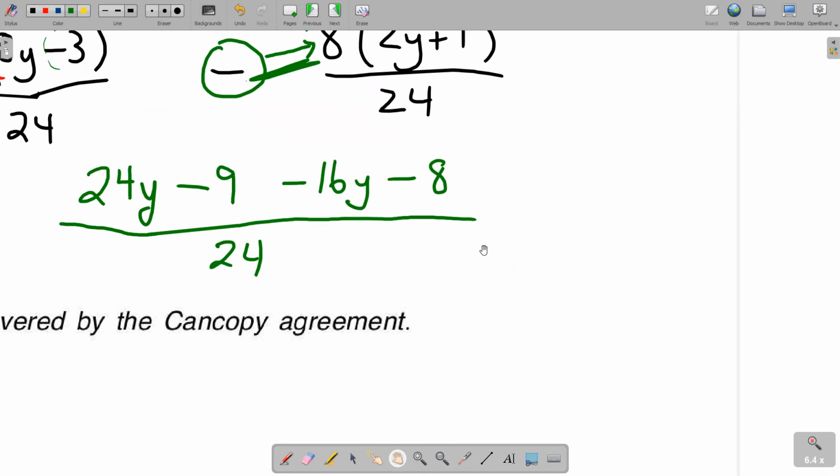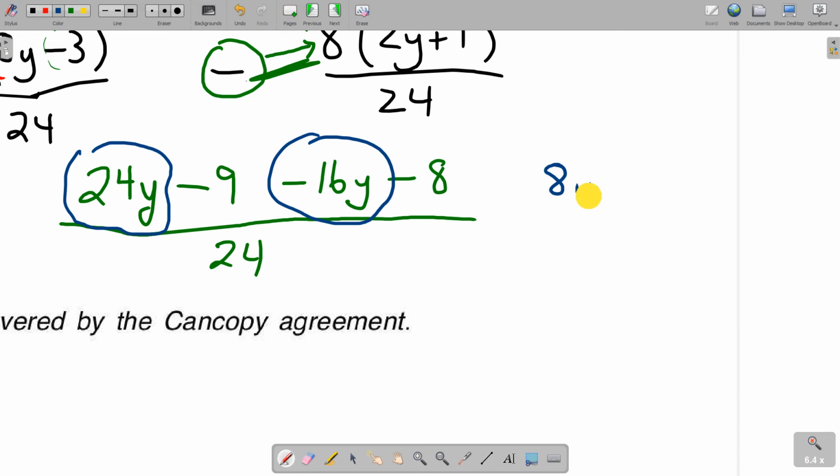Okay, there's more work to be done. We got to gather and collect like terms. I got 24 and minus 16. 24 minus 16 happens to be 8y. I should put an equal sign as it goes across. Minus 9 minus 8 is minus 17.